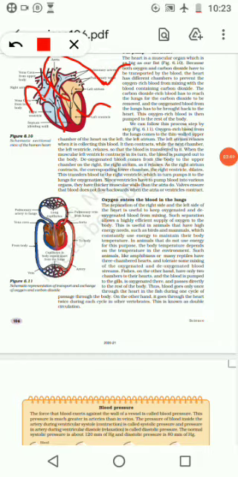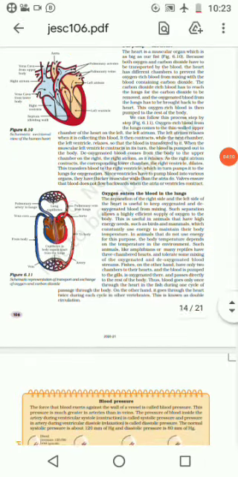The right ventricle in turn pumps it to the lungs for oxygenation. Since the ventricles have to pump the blood into various organs, they have thicker muscular walls than the atria. Valves ensure that the blood does not flow backwards when the atria or the ventricles contract.